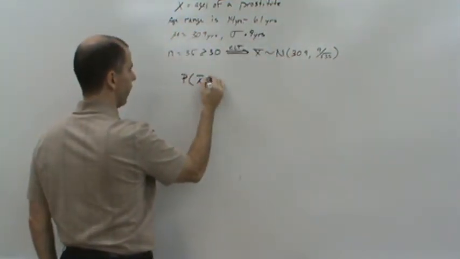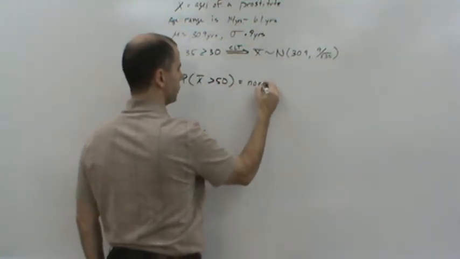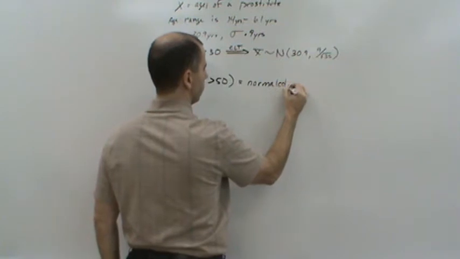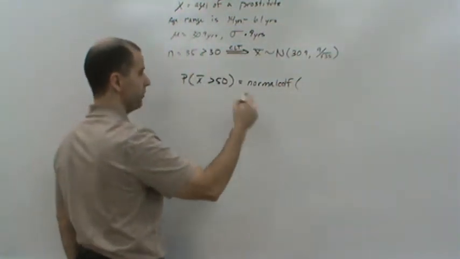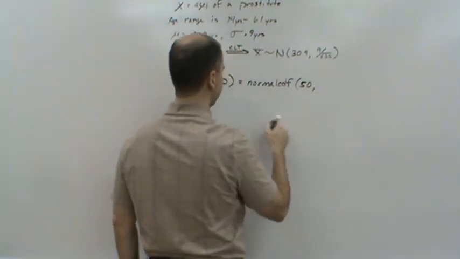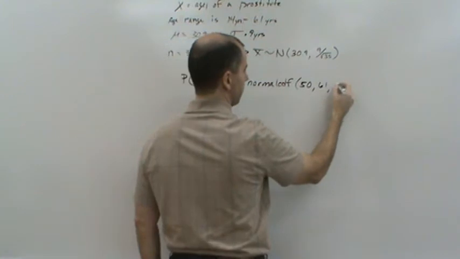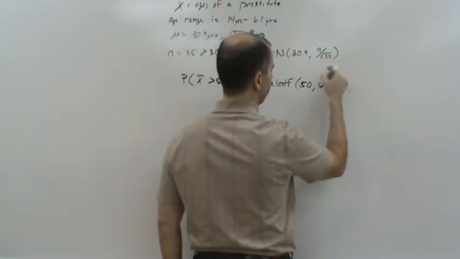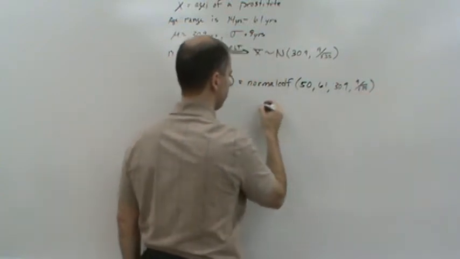probability that X bar is greater than 50. Okay, so now we're going to do normal CDF. Now the lower bound here is 50, and the upper bound here is 61. And of course, the mean is 30.9, and the standard deviation is 9 divided by the square root of 35.